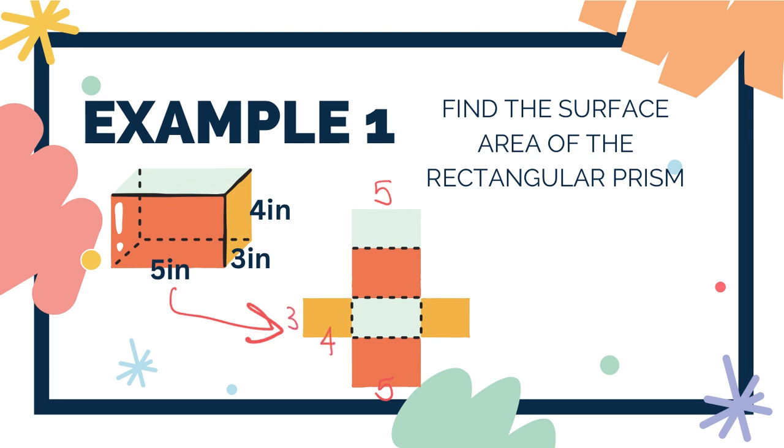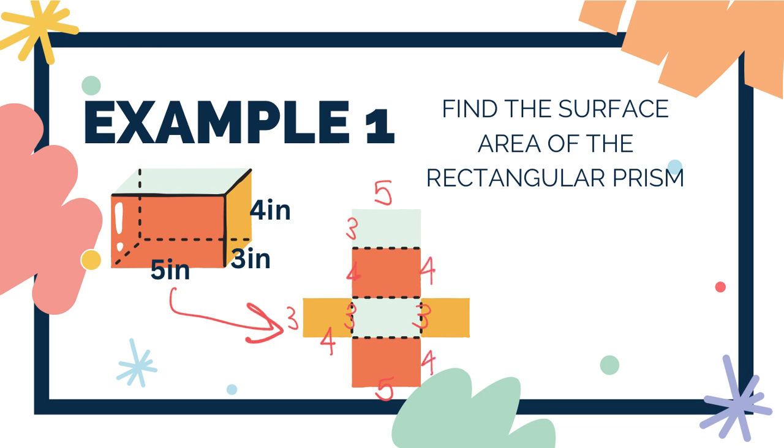Okay, so now we are going to calculate the area of each side and then add all of those together. So if that's 3, that means this is 3 and this is 3, which also means that this is 3. And since that's 4, that means this is 4 and this is 4, and so is this.